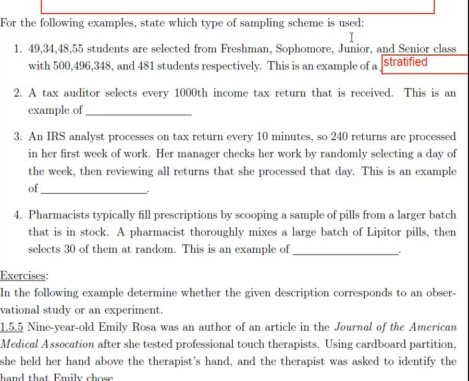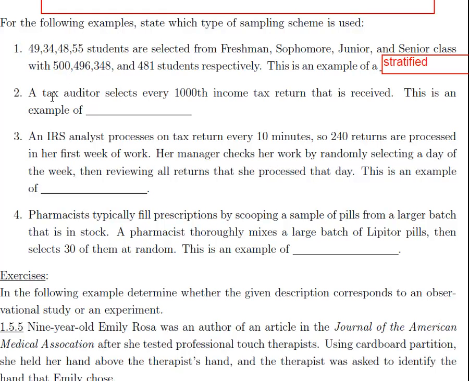And the reason for that is the population is split up between freshman, sophomore, junior, and senior. And the researcher went to each strata and selected a random sample. So 49 is a random sample from the 500. 34 is a random sample from the sophomores, and so forth. So each strata was visited, but within each strata there was only a random sample.